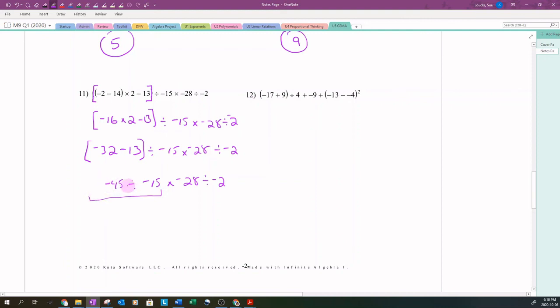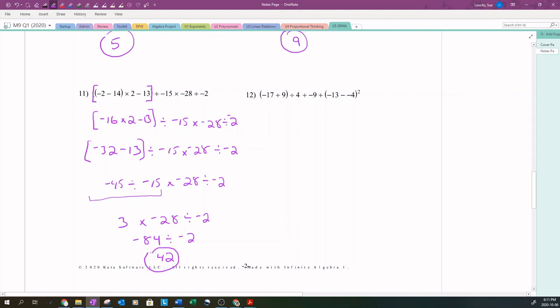So negative 45 divided by negative 15 is 3 times negative 28 divided by negative 2. 3 times negative 28 is negative 84 divided by negative 2 is going to be 42, and it'll be positive because that's a negative divided by a negative.